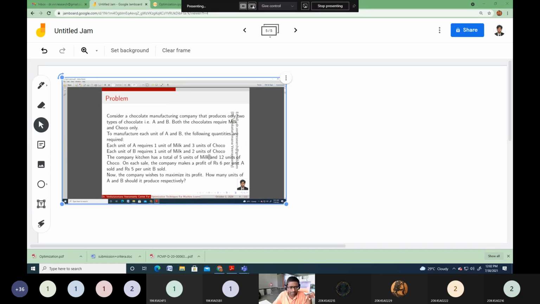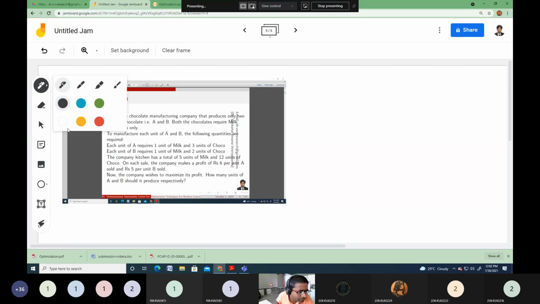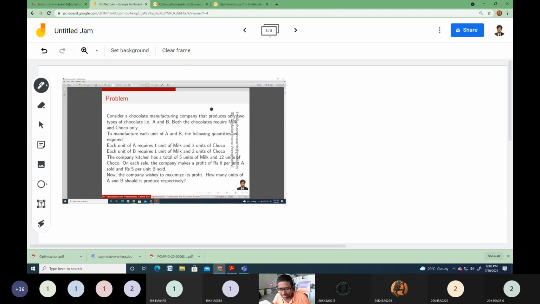After completely understanding the problem, we try to develop a mathematical model for this optimization problem. So once again I want to repeat that question, and later we will move to the coding part. Once the coding is completed, then we will move to the non-linear optimization problem.